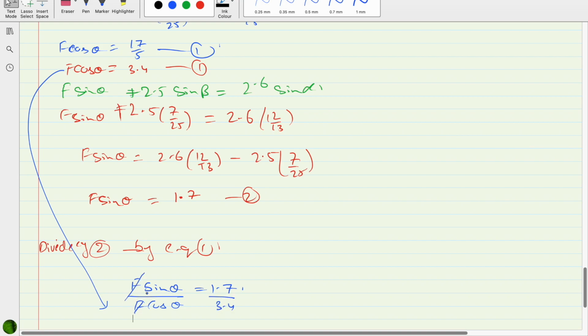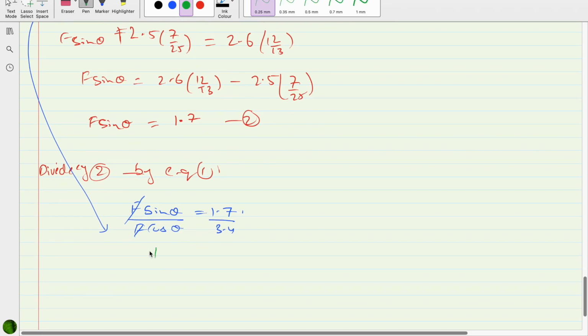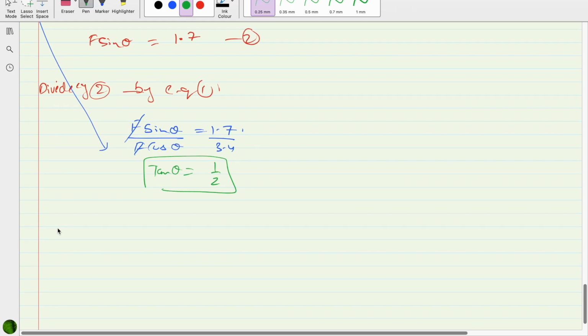F cancels out, sine theta over cos theta is tan theta. That is 1 by 2. Now for the value of force, we can use any of the equations. Let's say F sine theta is equal to 1.7, and we know that theta is equal to tan inverse of 1 by 2. That is 26.56. I'm using 26.6, is equal to 1.7.